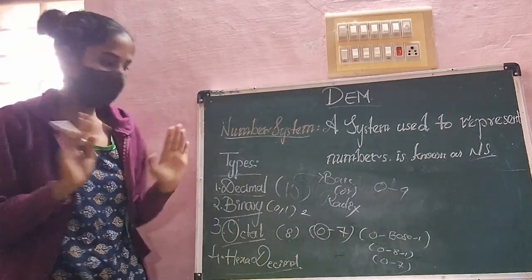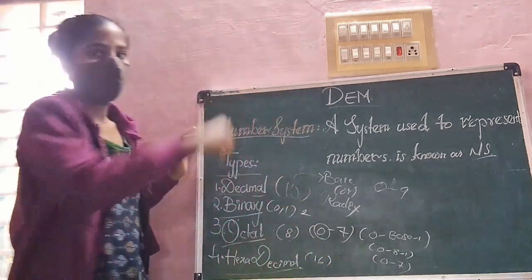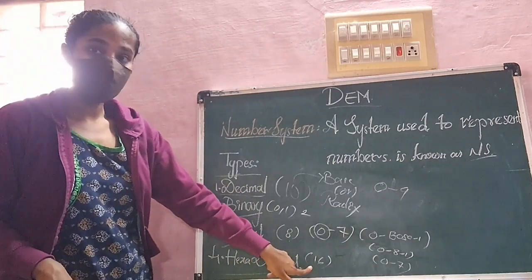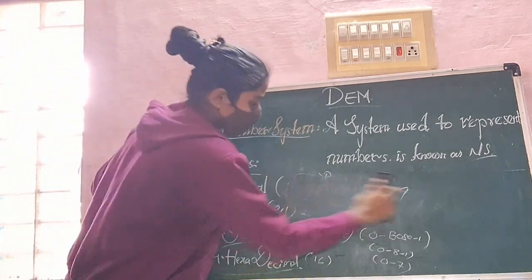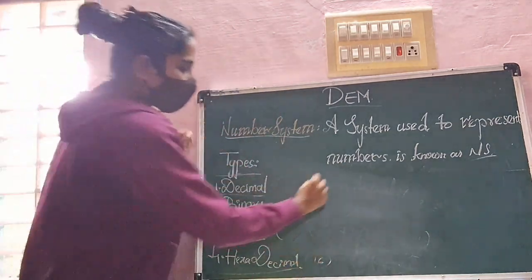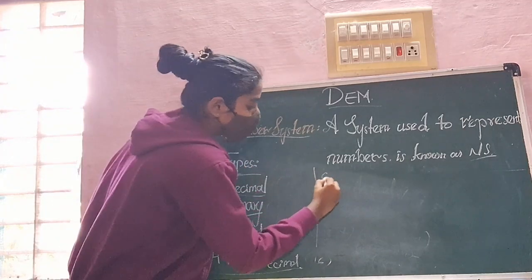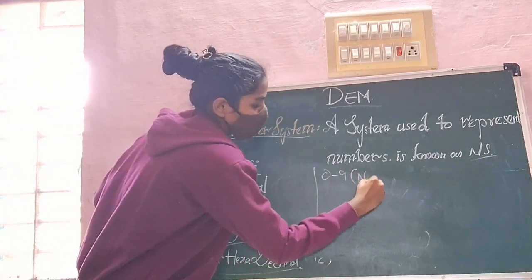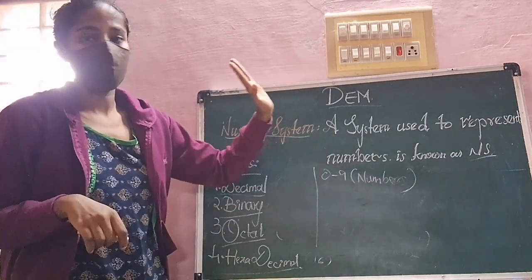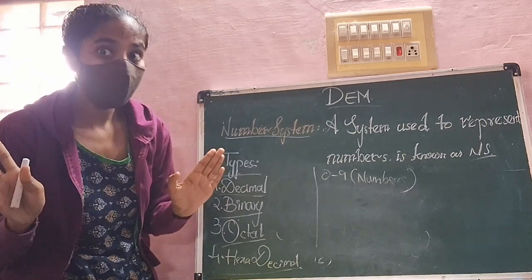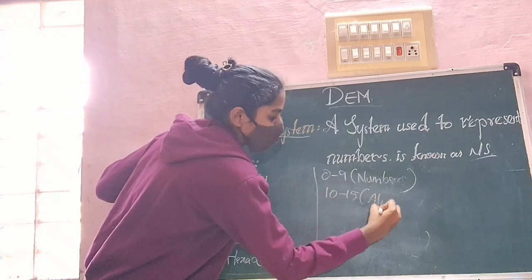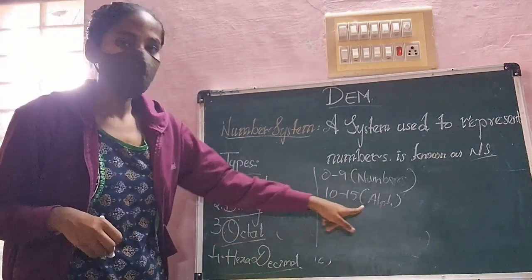The base is also called radix. Values 0 to 9 are numbers, and from 10 to 15 are alphabets.